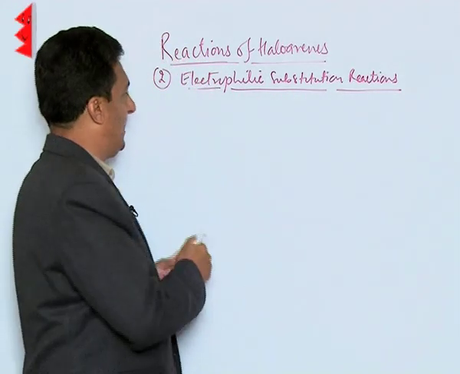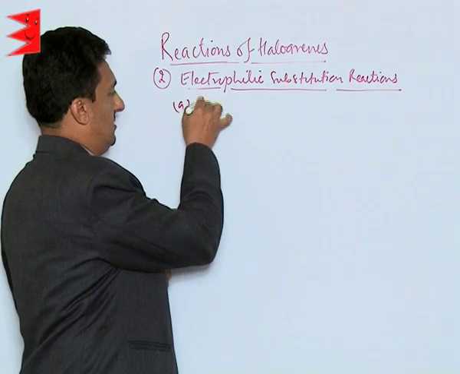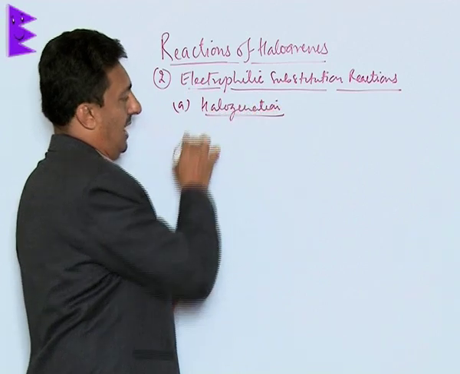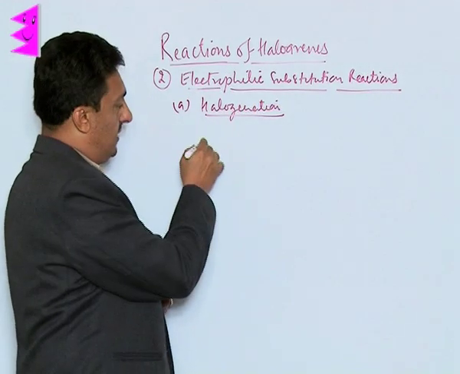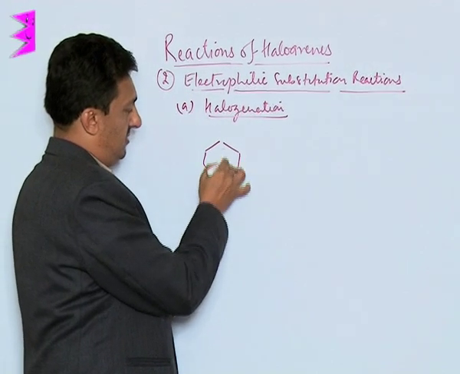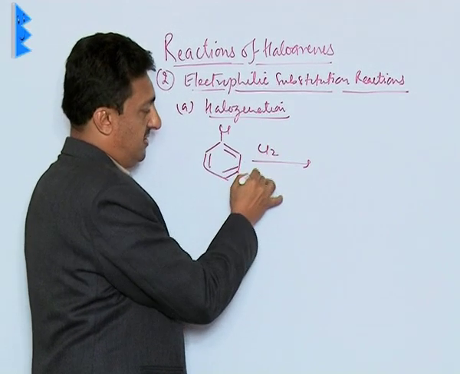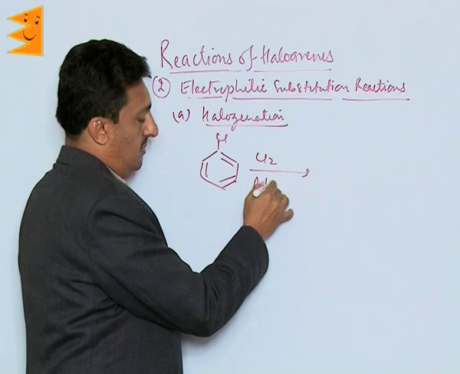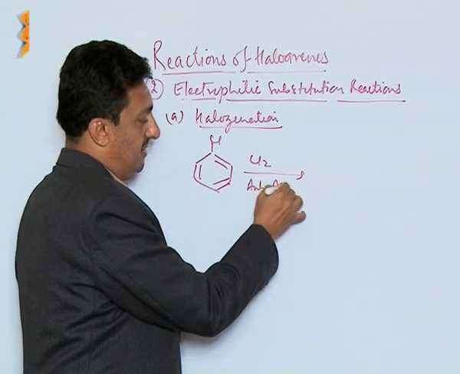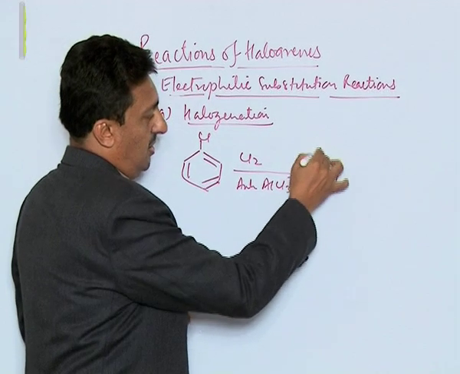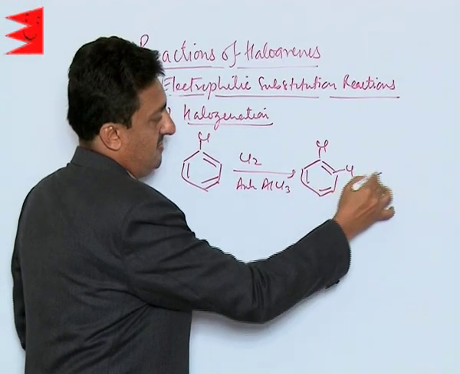The first of the category is halogenation. Suppose we have chlorobenzene, we react this with chlorine, and we treat this with anhydrous aluminium chloride. What we get is ortho-para substituted products.